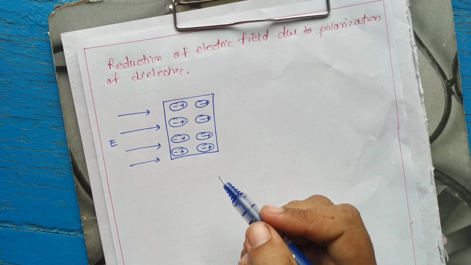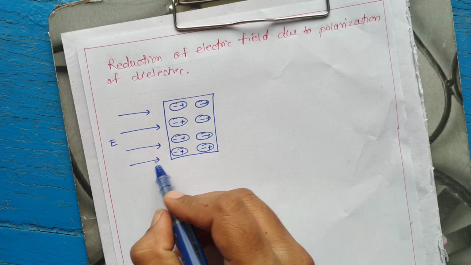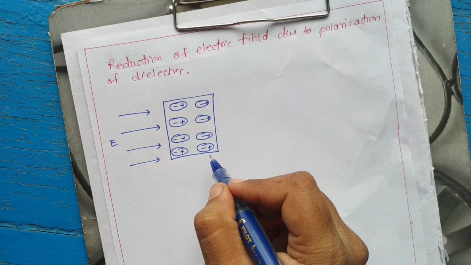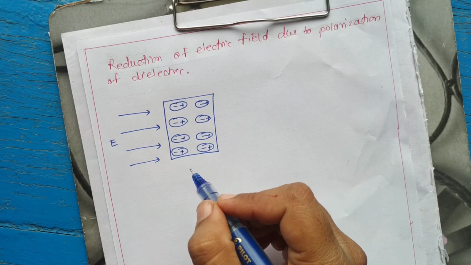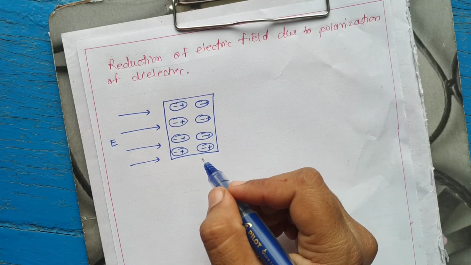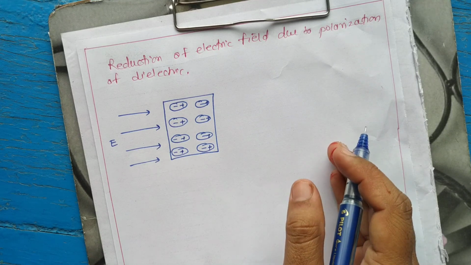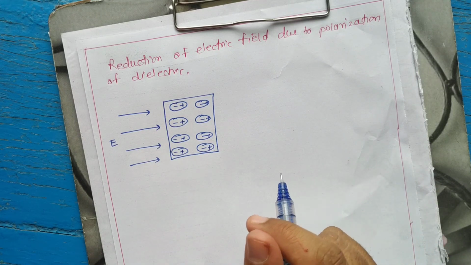When we apply a uniform electric field to this dielectric slab, this electric field produces a slight rearrangement of the charges within the atoms, and this field aligns the atoms in the direction of the field.